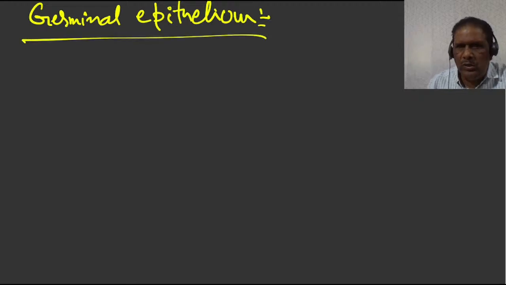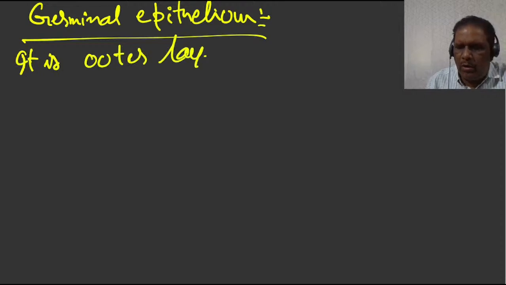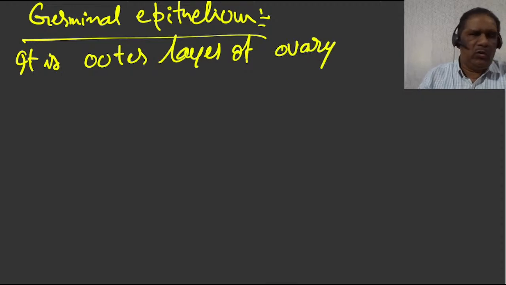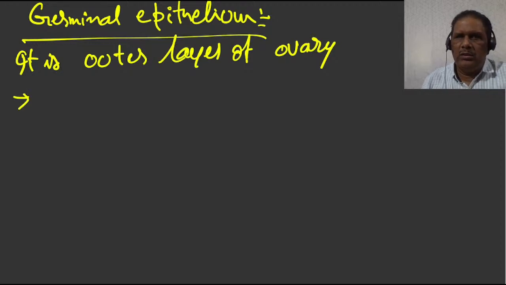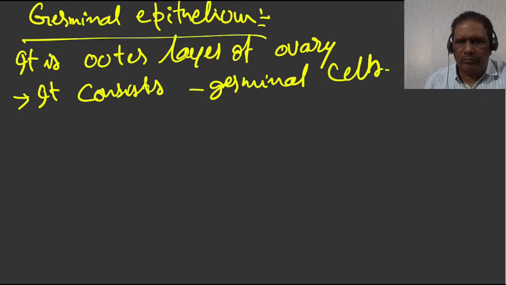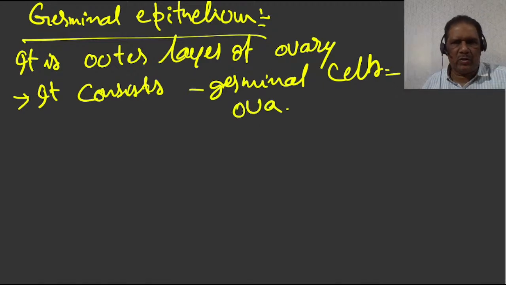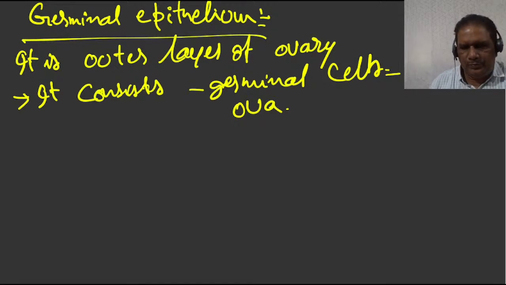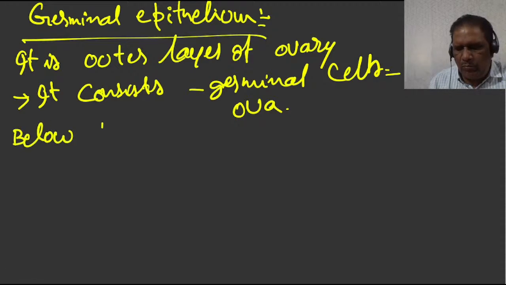It is the outer layer of the ovary, and it consists of germinal cells, called ova.